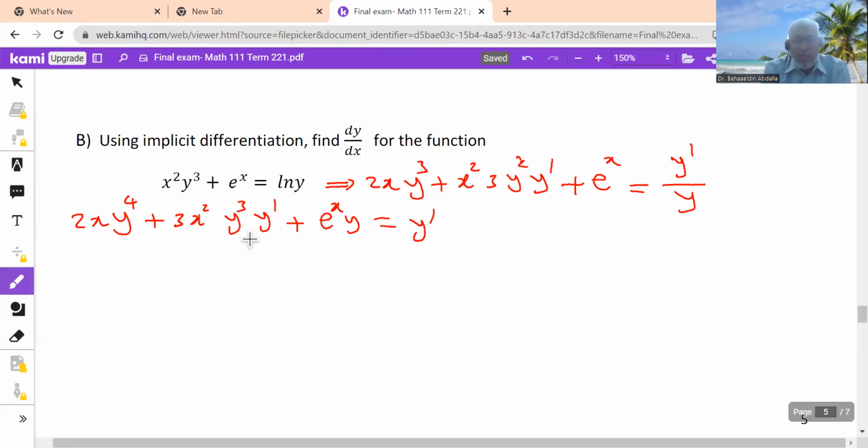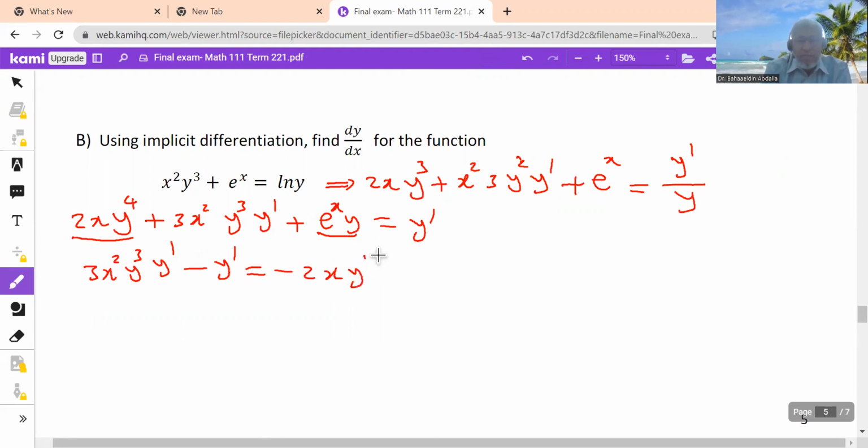Now I need to solve it for y prime, so I'll bring the terms with y prime to one side. So 3x squared y cubed y prime, and let me bring y prime from the right hand side to the left hand side, and take the other two terms. These two terms have no y prime in them, so take them to the right hand side, and now take y prime as a common factor from the two terms in the left hand side. If you take y prime here, you are left with 1.